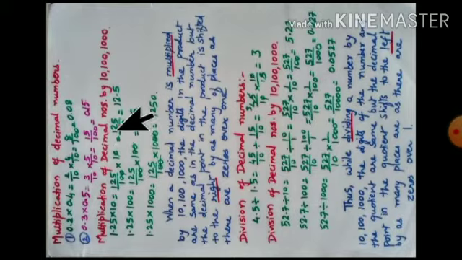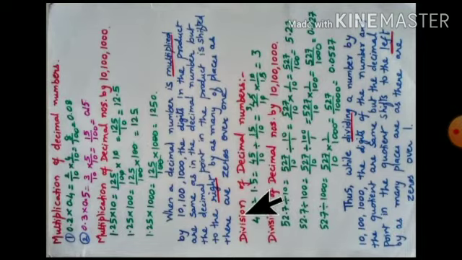Here 10, so the decimal point will be shifted to the right side, so after 2 point will come. Here also two zeros are there, so the decimal point will be shifted 2 places to the right. Here 3 zeros are there, so the decimal point will be shifted 3 places to the right. There are no 3 digits here, so we will put here 0.